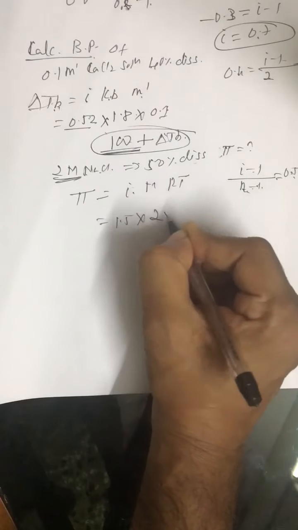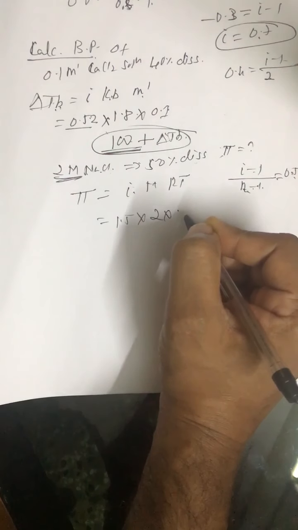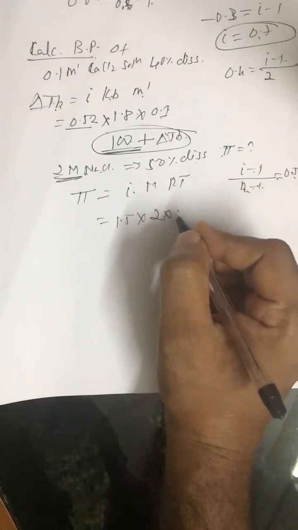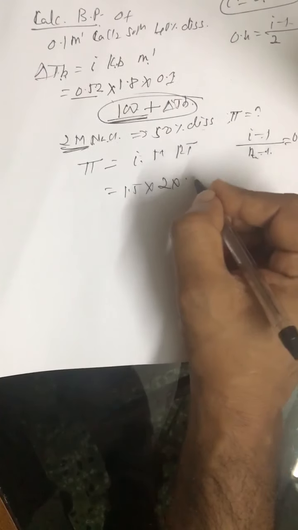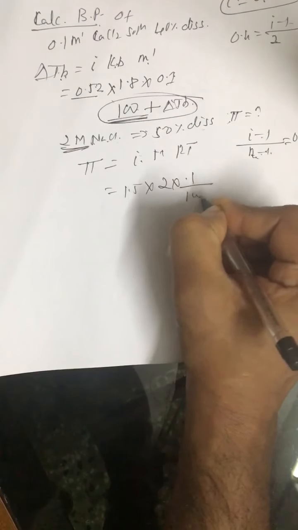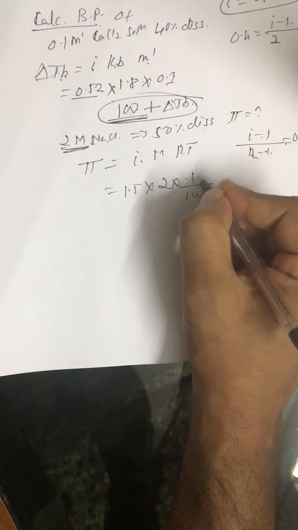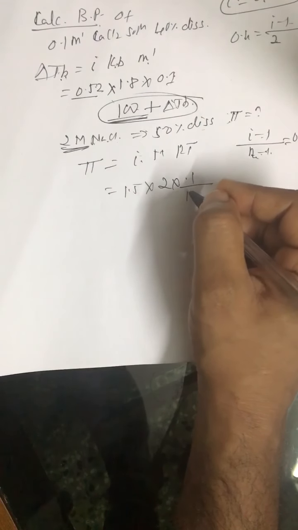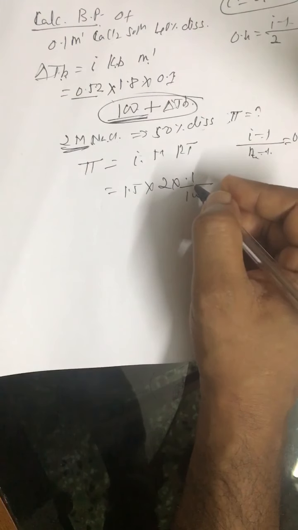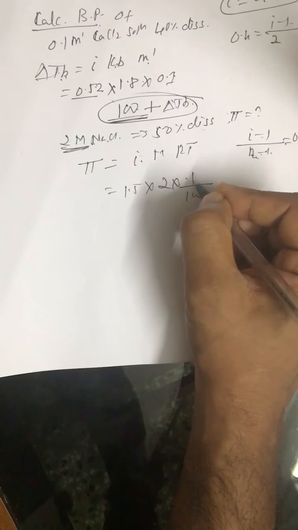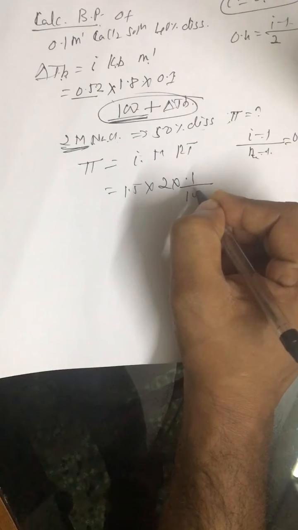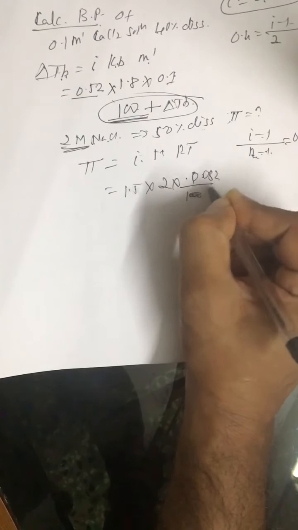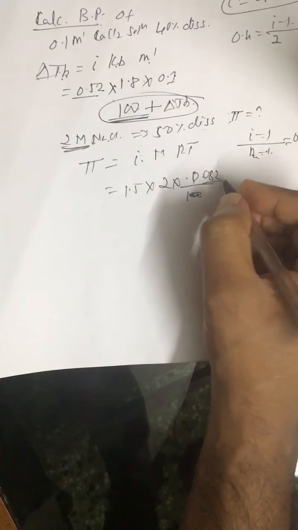Molarity is given, this is 2, and R is normally expressed in atmosphere, so it is 0.082, or 1 by 12.